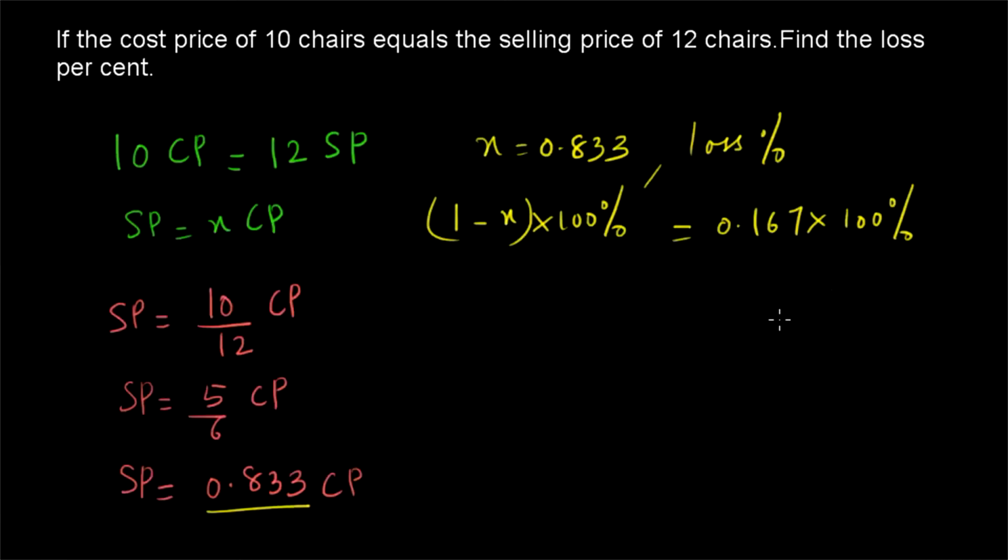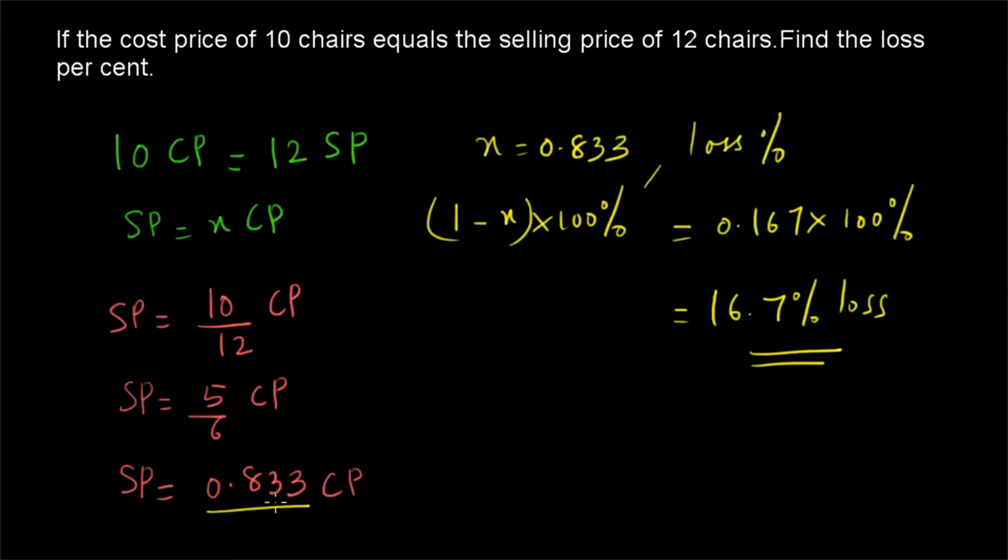So our answer will be 16.7 percent loss. When X is less than 1, it is 1 minus X into 100 percent loss. So 1 minus 0.833 is 0.167 into 100 percent, giving us 16.7 percent loss.